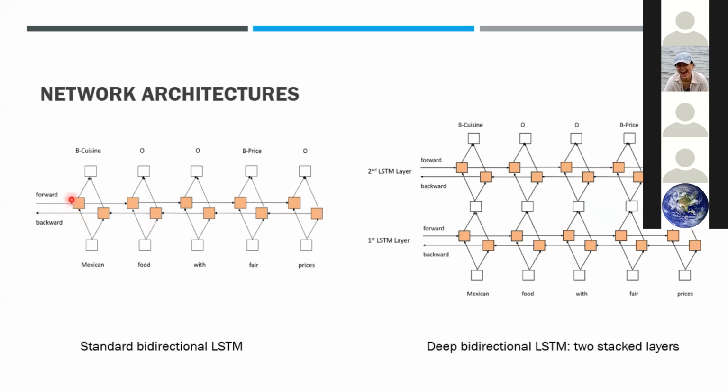Therefore, we pass through the data in the forward direction and in the backward direction, and this way we get the optimal interpretation and tagging. But we also tried two stacked layers of bidirectional LSTM cells, because we thought the deep bidirectional LSTM might be worth a try. Sometimes these deep networks are beneficial in natural language processing.